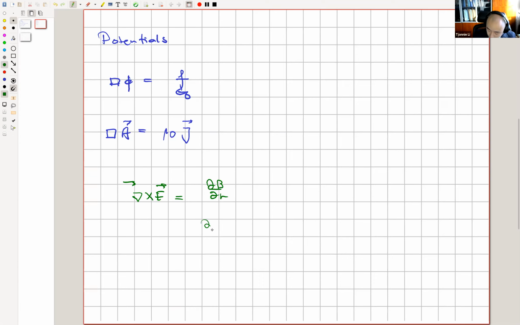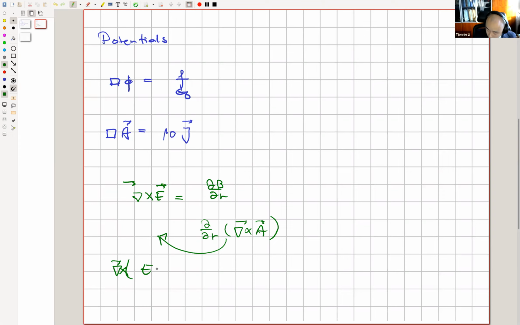So if B can be written as the curl of A, we can get the curl on that side. So the curl of E plus partial A partial t equals zero.